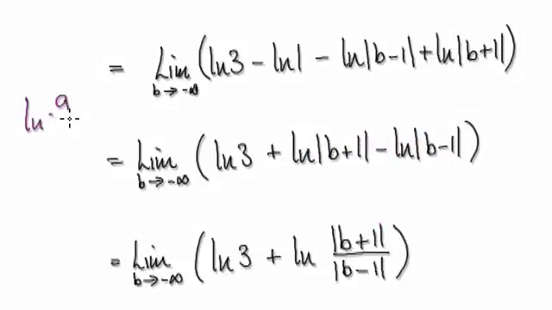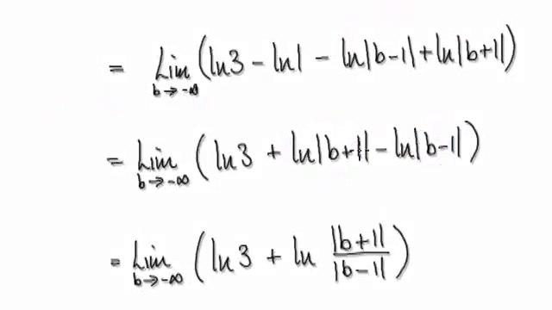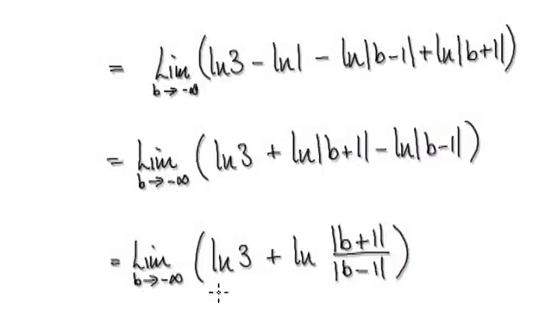Remember, natural log of a over b is the same as natural log of a minus natural log of b. So now it's simply this thing divided by this thing. Combine these two together, and then you can see what's happening as b heads towards negative infinity.